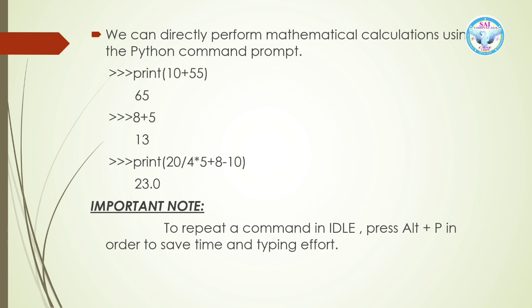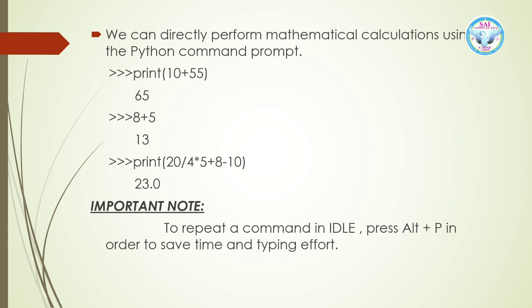Now we can see some more examples over here. See, one more example I have given, print of 10 plus 55. There you can directly give the expression within the print statement. So the answer is got. 65 was the answer. Even without giving the print statement, you can directly type in the expression 8 plus 5. So you will receive the answer as 13.